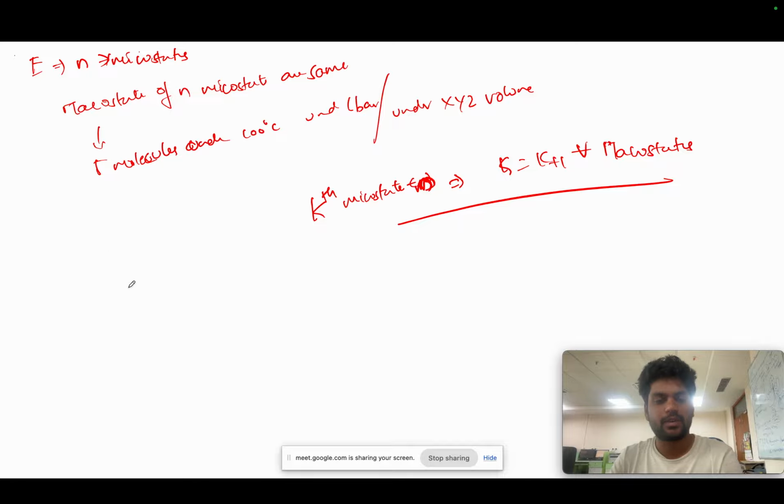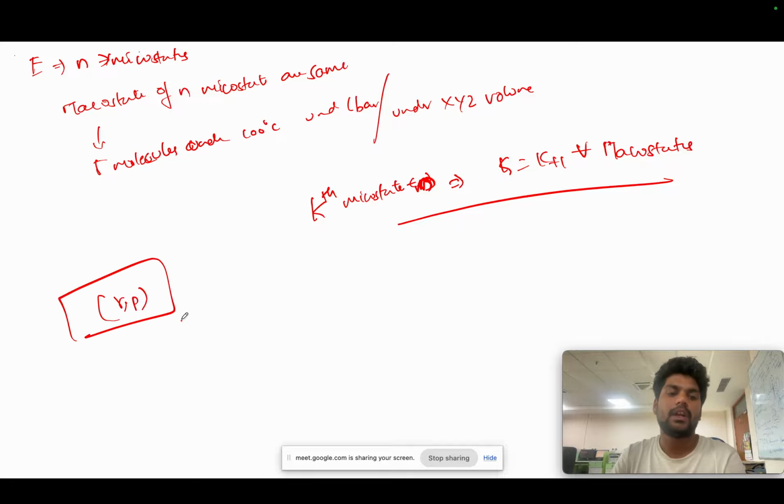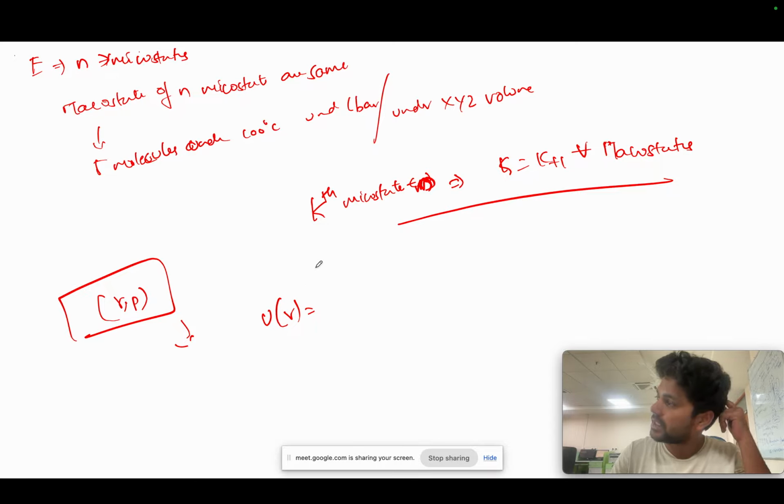If you remember the last class, we discussed the differences in r comma p, and then we went through the ensemble approaches, and we found out that in the end we have to consider the interactions. So we have the Q term.